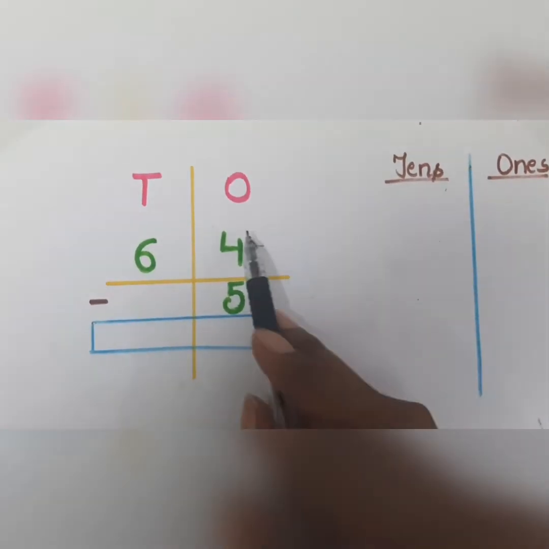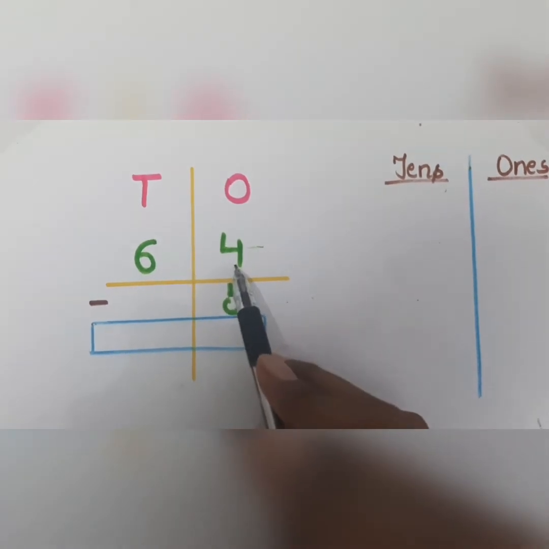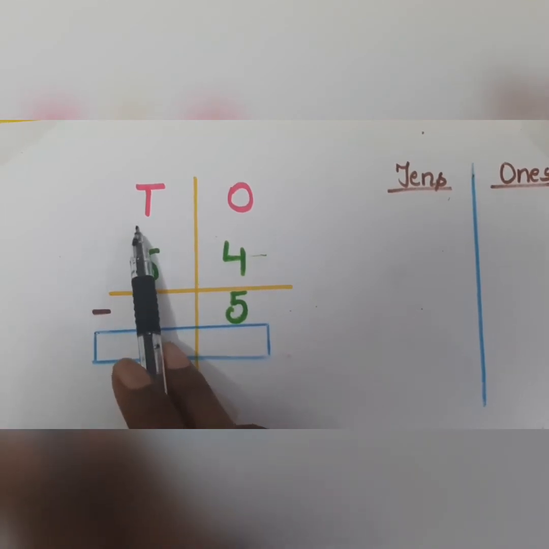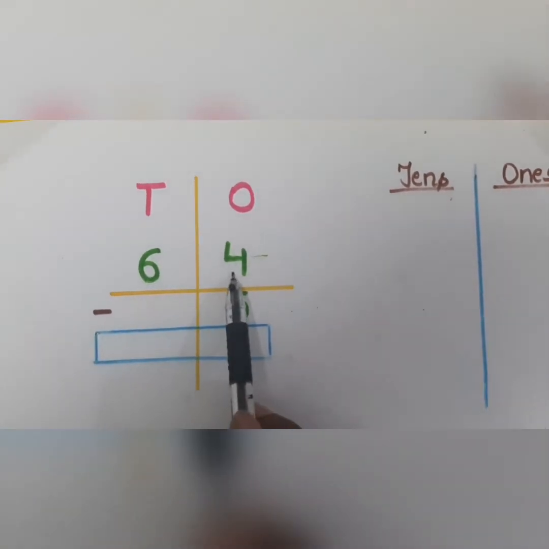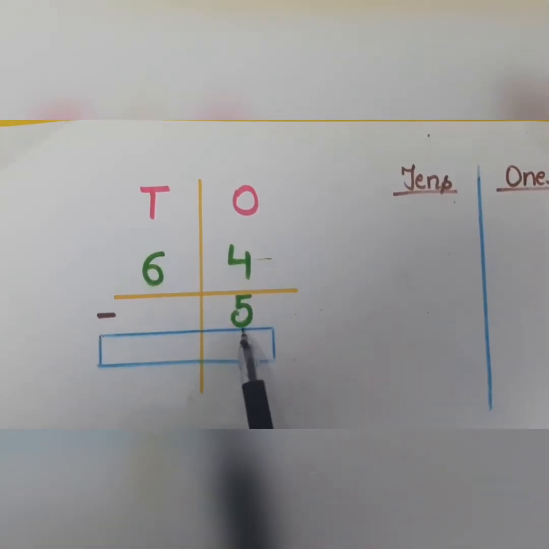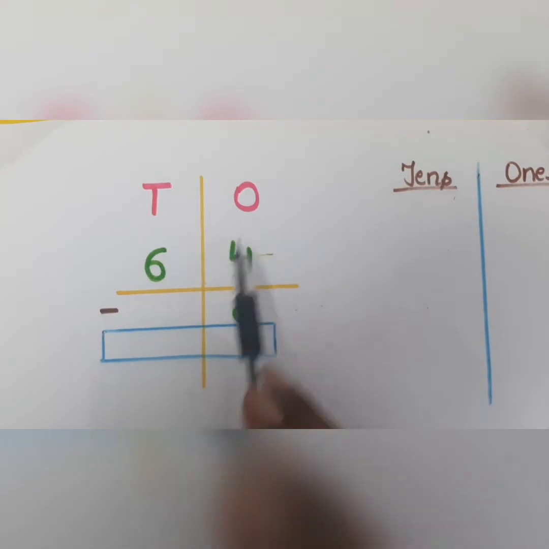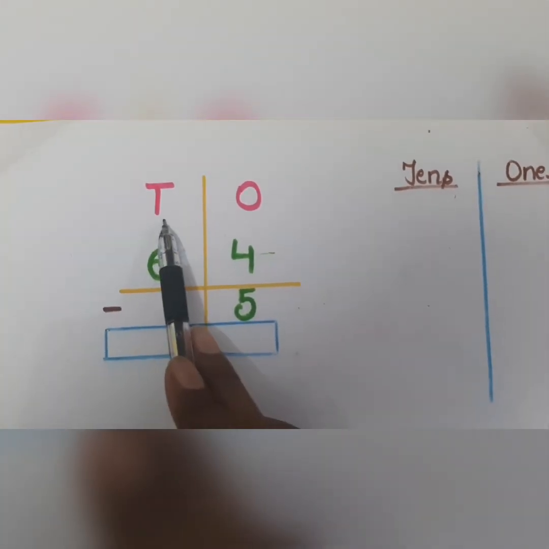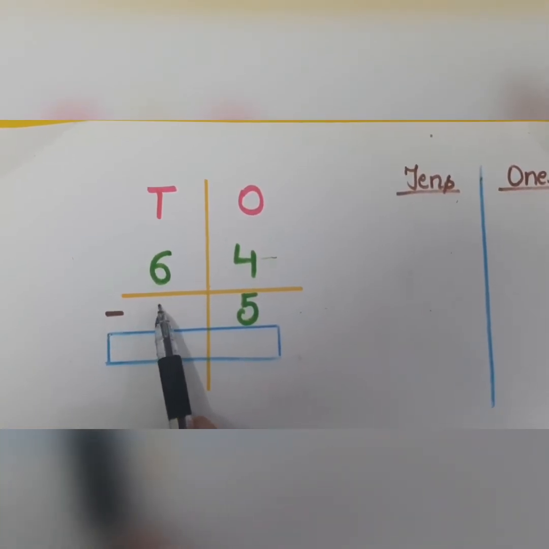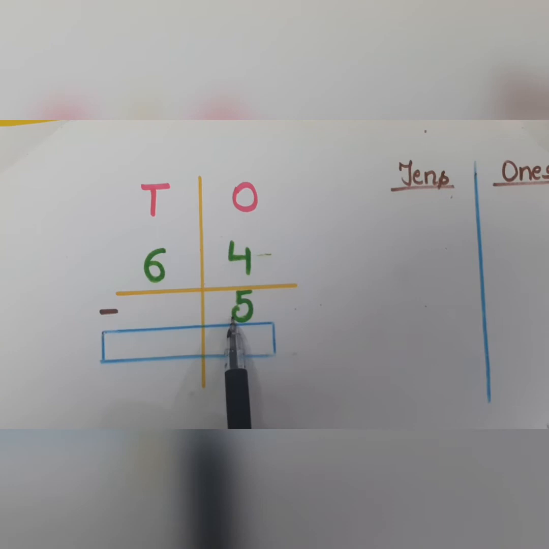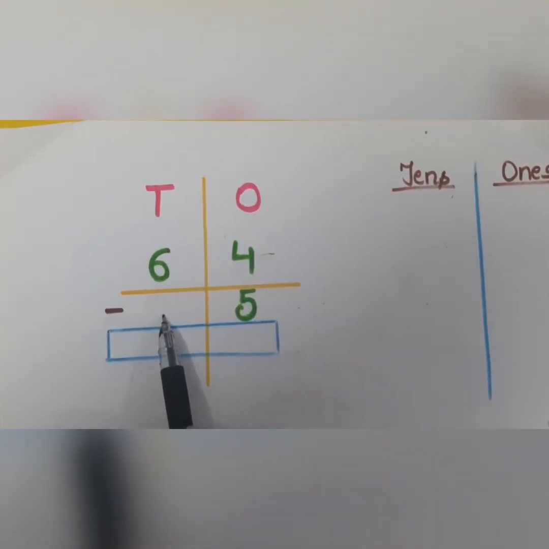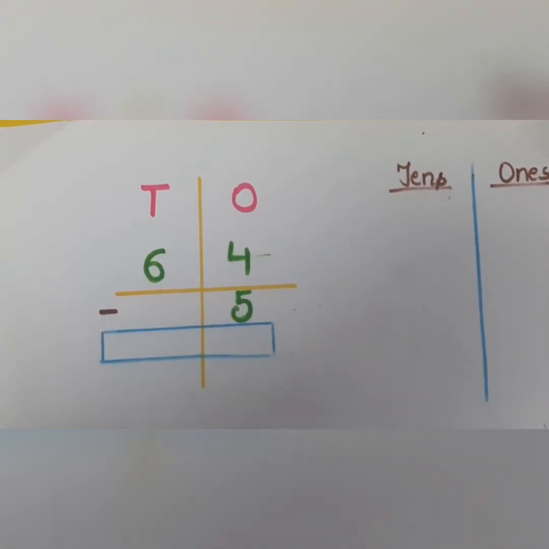We will keep in mind the place value. 64 has 4 at ones place and 6 at tens place, and 5 is at ones place, and there is no number at tens place, so you can leave this space or write 0 here. 0 will not affect the number's value.